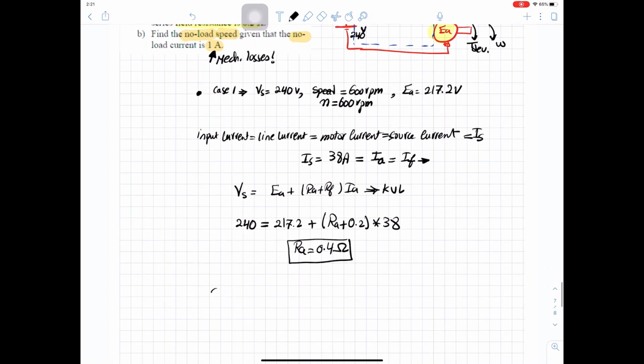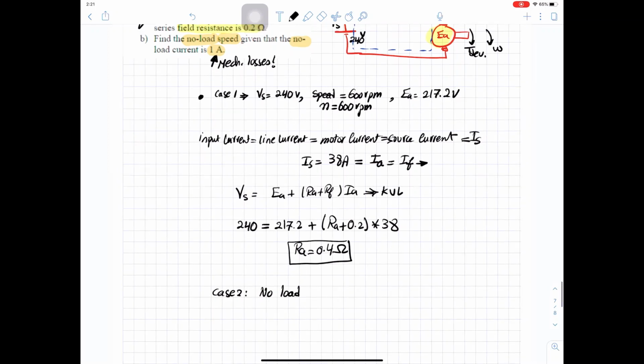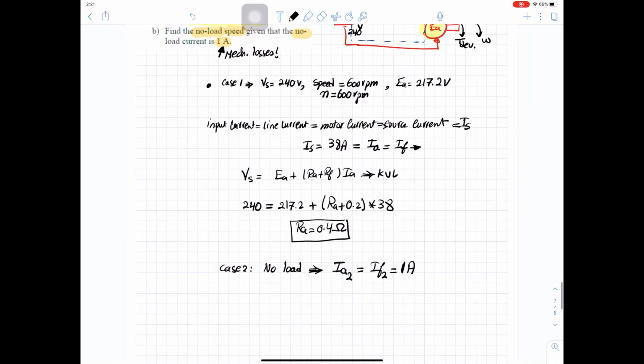So now we have another case, let's name it case 2, and this case 2 is no load. At no load, our current IA in case 2 equals I field in case 2, equal to 1 ampere.